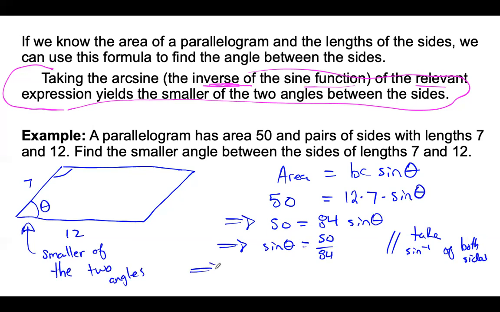So then we get theta is equal to sine inverse of 50 divided by 84. And then we can compute this. So our angle is therefore, anyone? Right, perfect. 36.5 degrees. So then we found that angle.